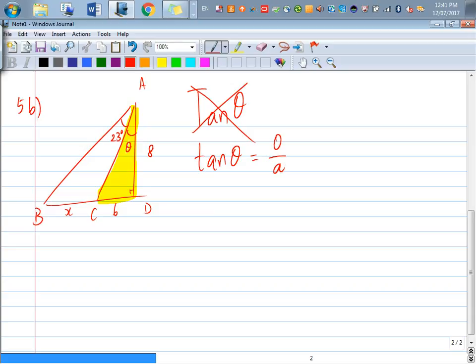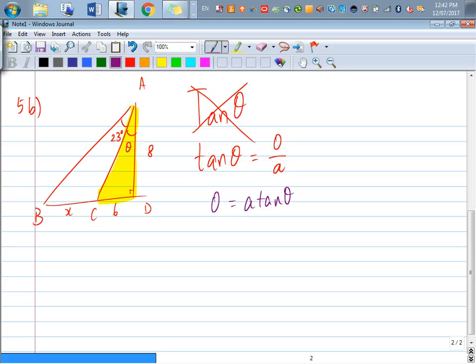Can. So later on, if I substitute in values, then suppose I'm trying to find opposite. Let's say my opposite is my unknown, and I want to make opposite the subject. What will it look like? O equals A tangent theta, right? If I want to make O the subject.